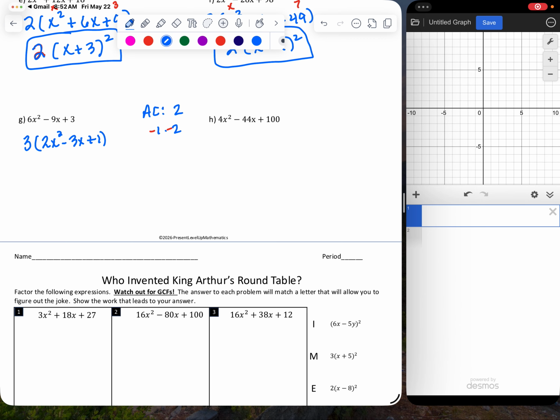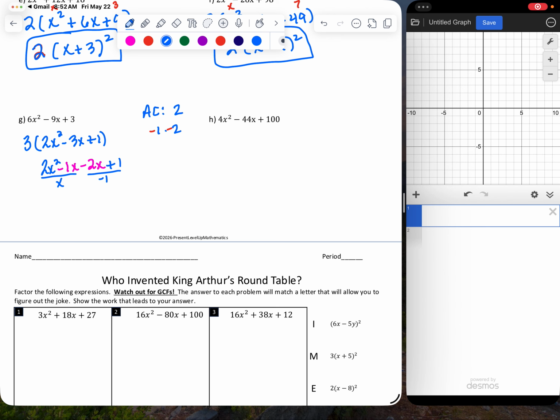So I'm going to split my middle term here, 2x squared minus 1x minus 2x. So I just rewrote 3x as negative 1x minus 2x plus 1. I'll take out the greatest common factor from the first group, which would be x. And the greatest common factor of the second group is 1. But because that negative 2x is negative, I want to take out a negative 1.